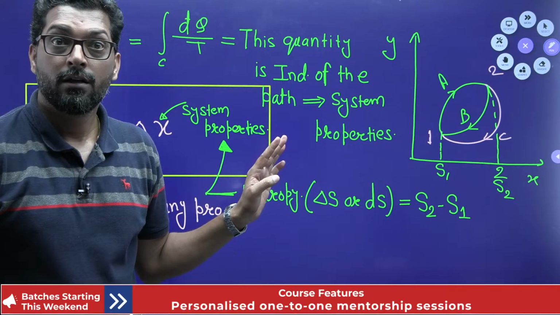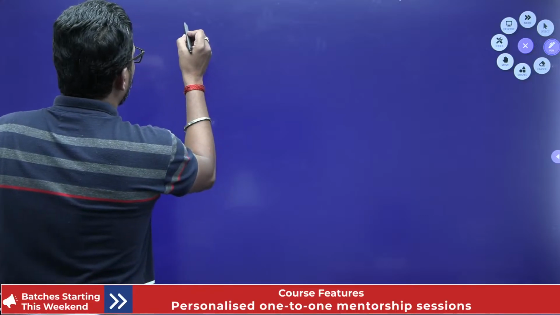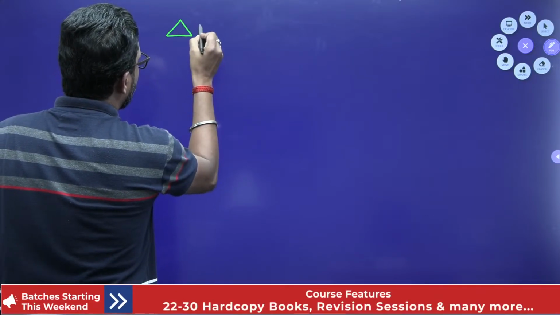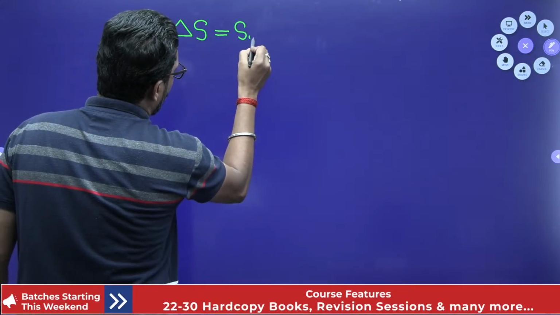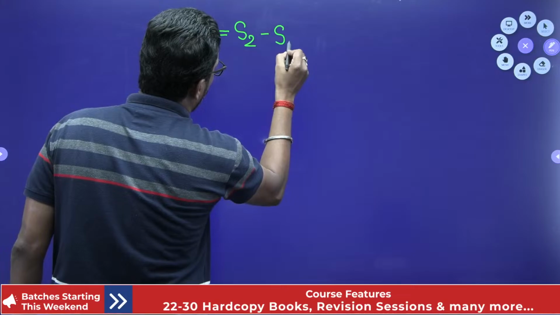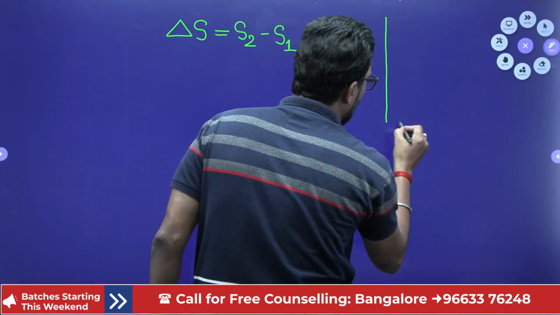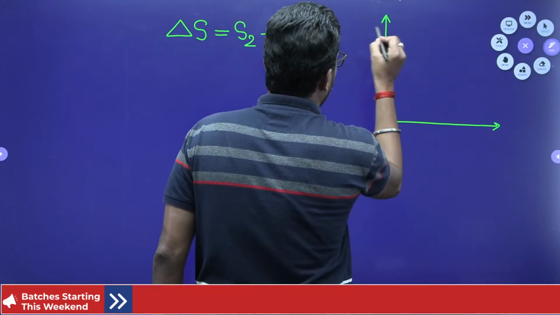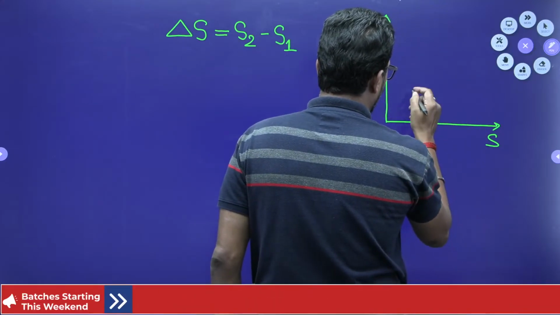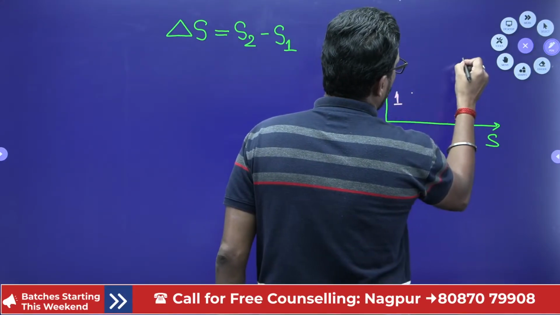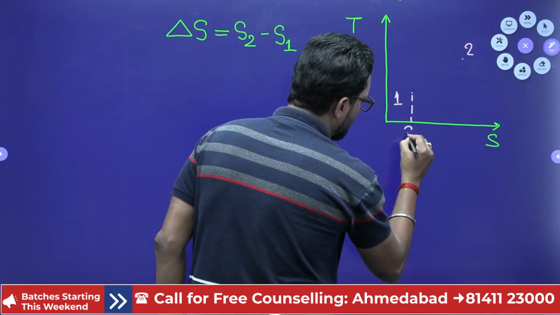Only for the reversible. So I am repeating here. Delta S is equal to S2 minus S1. Let's suppose this is your temperature T and entropy S. This is point number 1 and this is point number 2. At point number 1, entropy is fixed, S1.